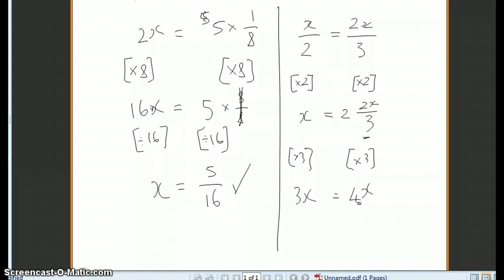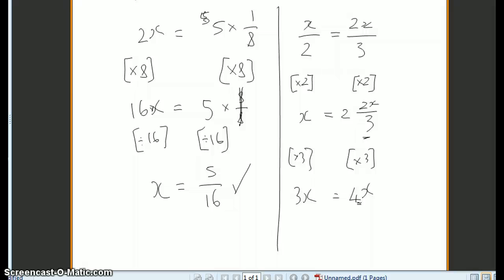Without even carrying on at the moment, what's the answer going to be? What number do we have to give x to make those two things equal? If I gave it 1, 3 times 1 and 4 times 1, it would say 3 equals 4. Is that true? No. The only number that you can give x is 0, because 0 does equal 0.